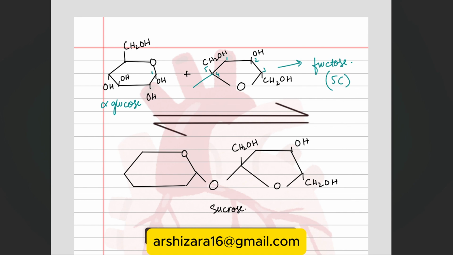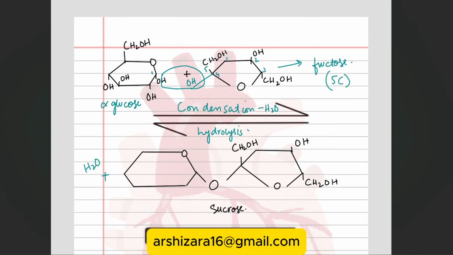Here we have a fructose molecule. They join together: the OH group from here and the H from here release a molecule of water. They go through the process of condensation. It is a reversible reaction, and the reverse reaction is hydrolysis.